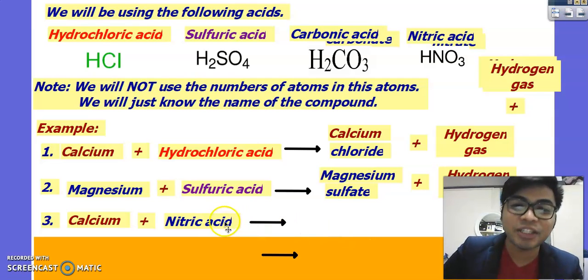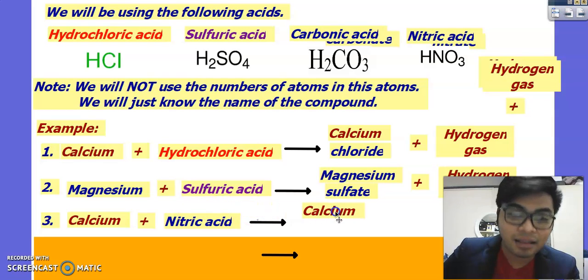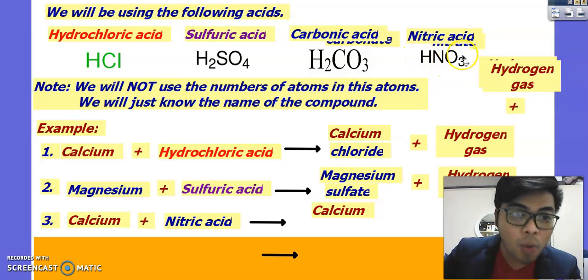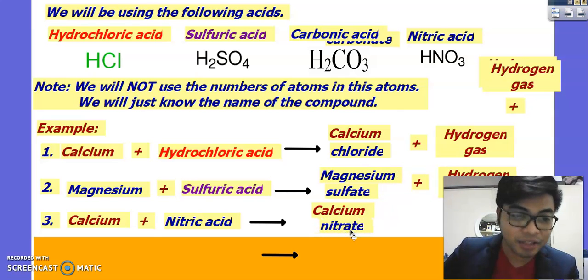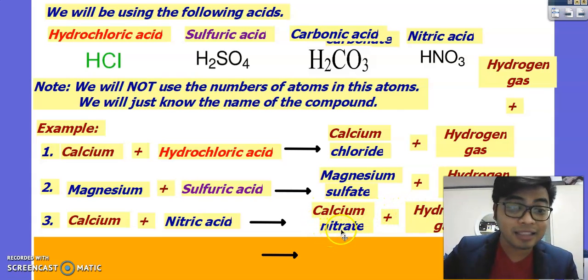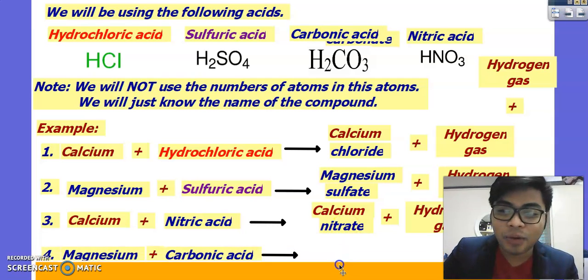We use nitric acid here. First we write calcium, and calcium will react with the NO3 of nitric acid. We have calcium nitrate. So what will we do with the H? We will just release the H because that's how the chemical reaction works. So the name of the compound here will be calcium nitrate. Okay, clear?